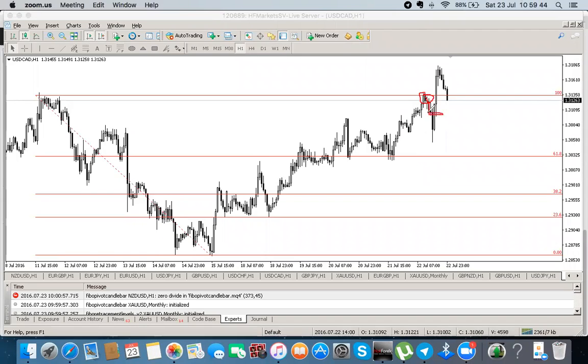As soon as the news came in for the CAD, the news was positive for the CAD. Since we are trading USD CAD, I'm just saying the news was positive. The market did respect the news and took the price down below this zone.